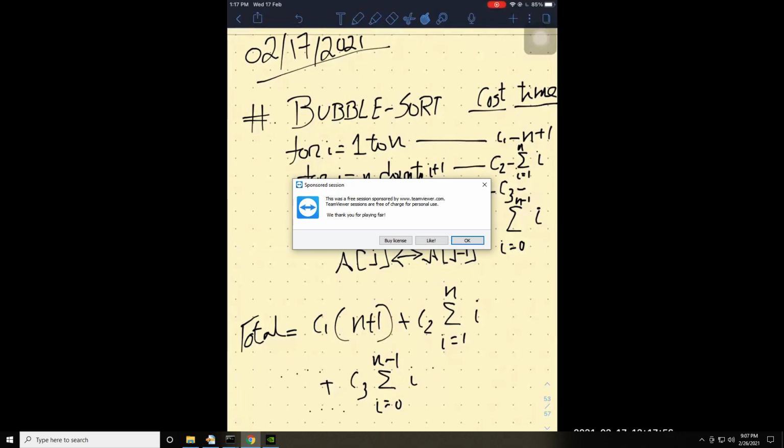I do have a question though. How do you know when to use summation? It depends on the runtime. Depending on that runtime, as we are getting an arithmetic series here, that's why we are using summation.